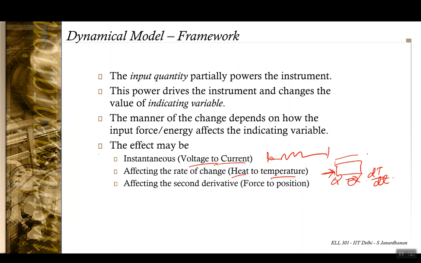So either it affects the variable itself, something like x, or else it affects the time derivative of the variable, the rate of change of the variable, or in a third case, it can affect the second derivative of the variable. That is like a force to position relationship. A force is applied to a mass, so it affects the acceleration of the mass, that is the second derivative of the position of the mass. So these three levels of cause and effect relationship can be present.